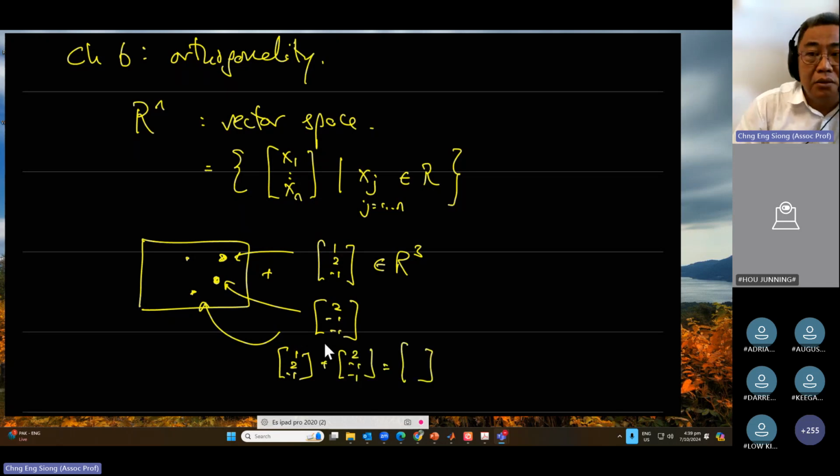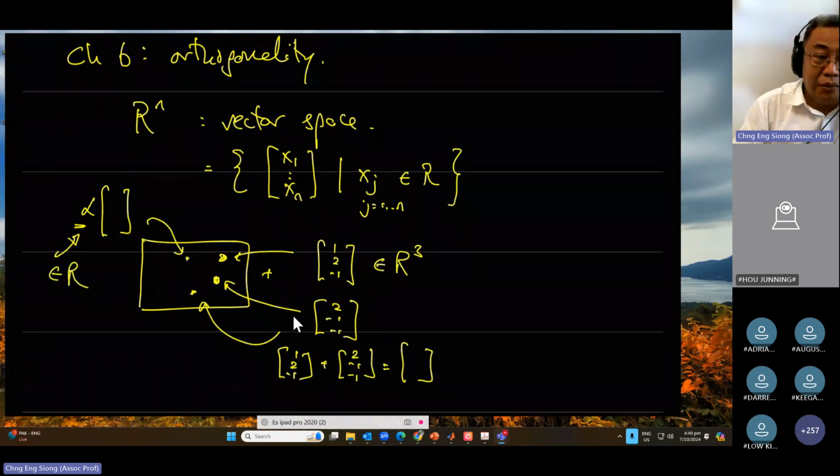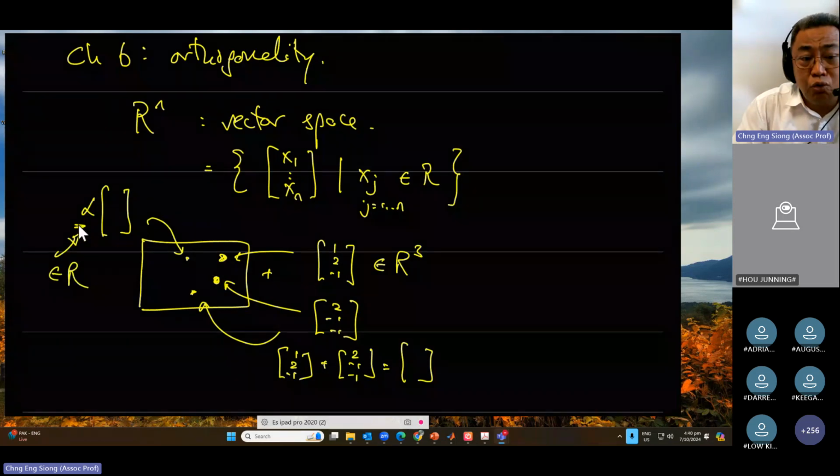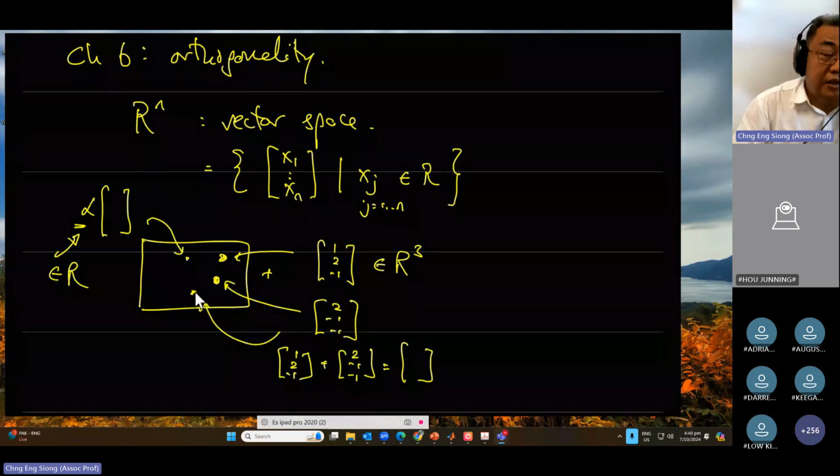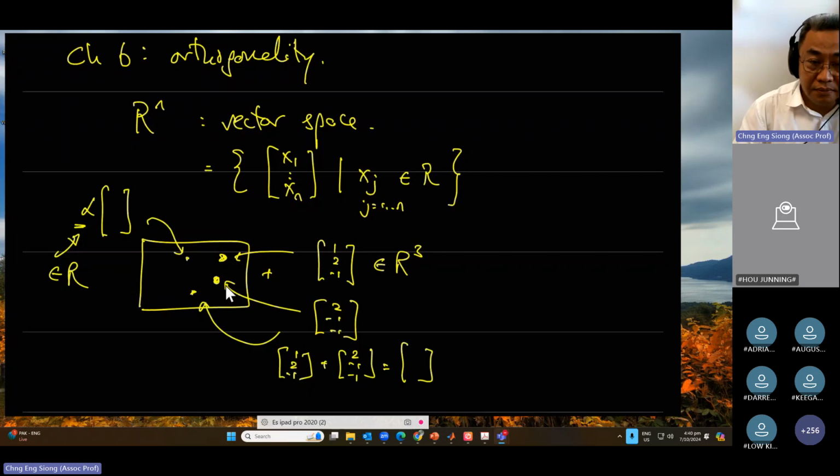That's it. So whenever you're in vector space, please remember we are talking about a set, and we can add, and we can scalar multiply. So we can use a number here, and this number belongs to the real, and we are saying that these two operations that we deal with, these elements in this vector space, will stay in the vector space, in this set.